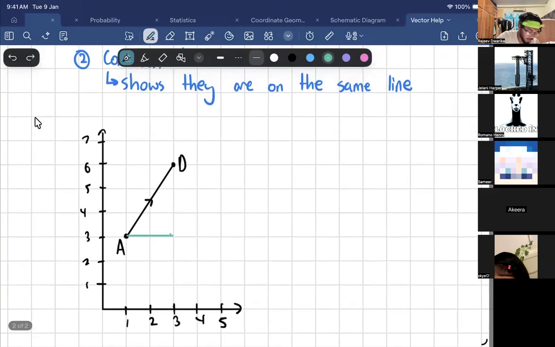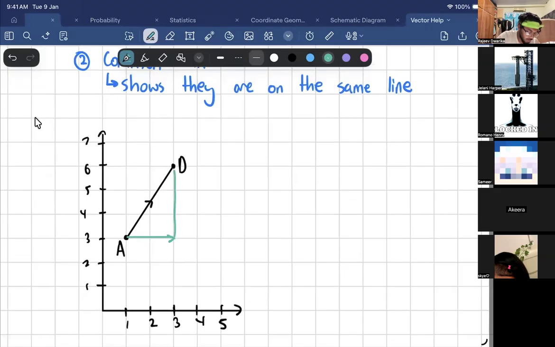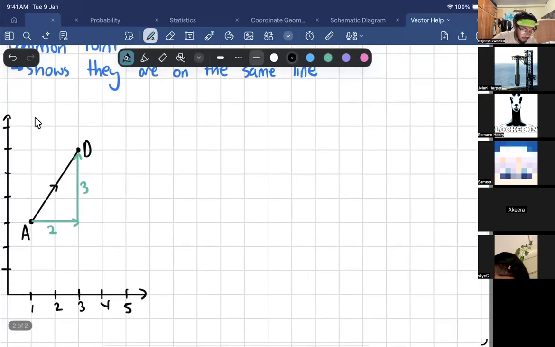Right, so watch this. The proper name for this is a displacement vector. Any vector that does not start from the origin is a displacement vector. To go from A to D, you have to move 2 to the right and 3 up. So vector AD is equal to 2, 3.